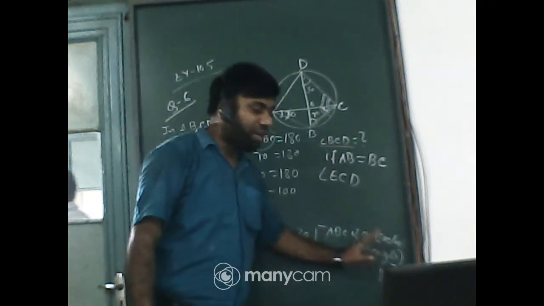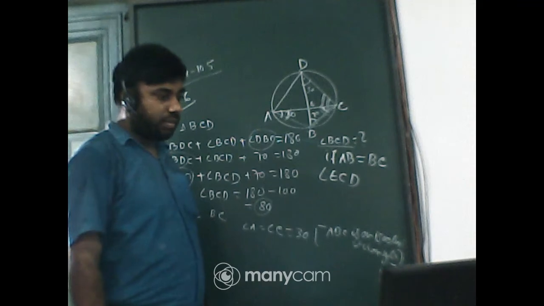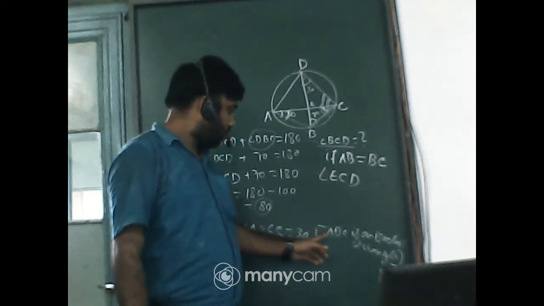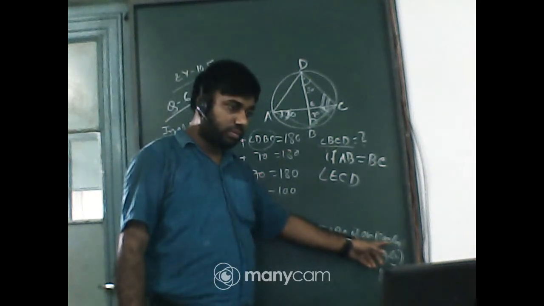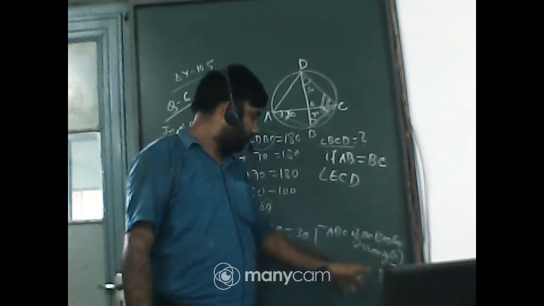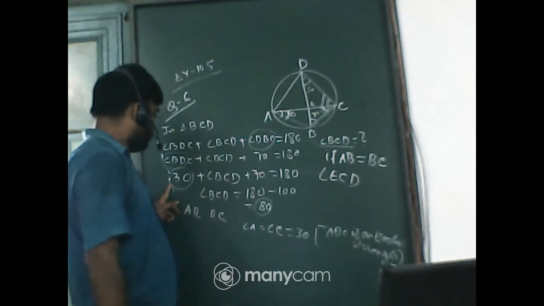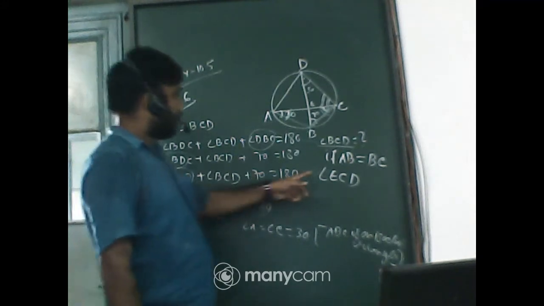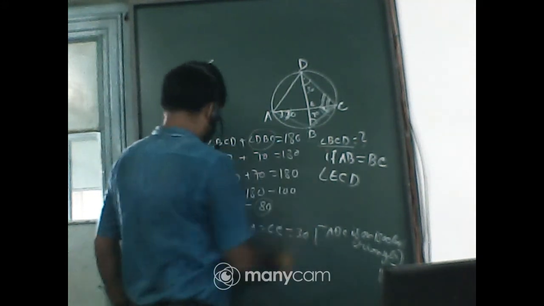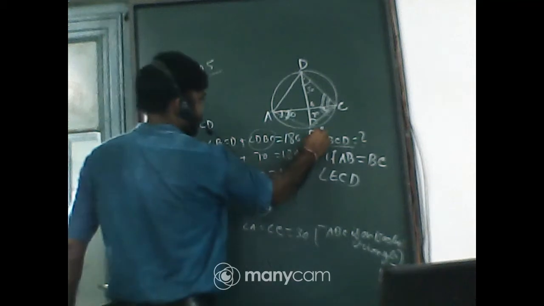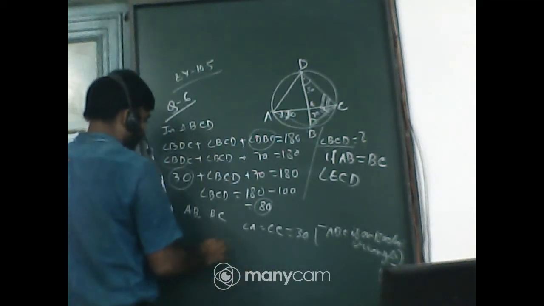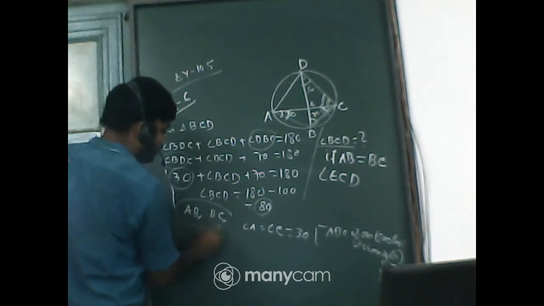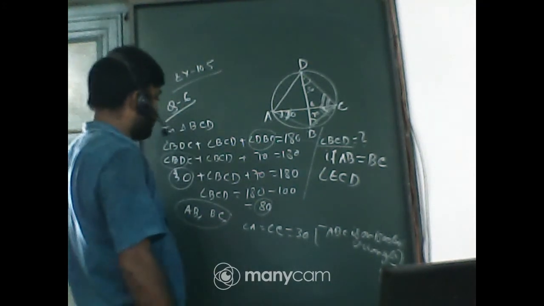ABC is an isosceles triangle. AB and BC are equal, it is given in the question.